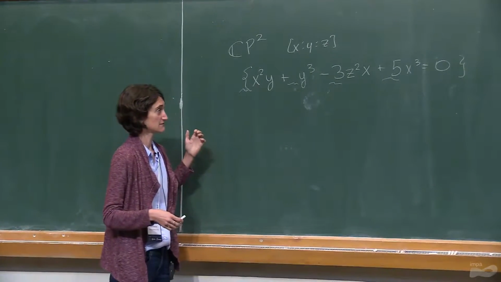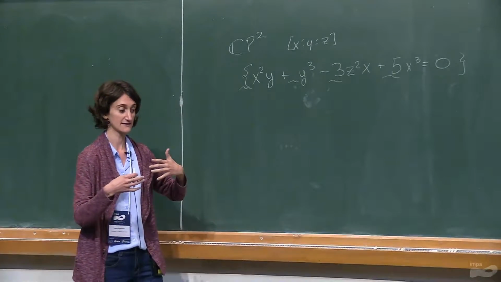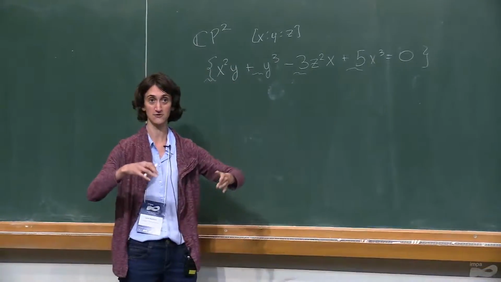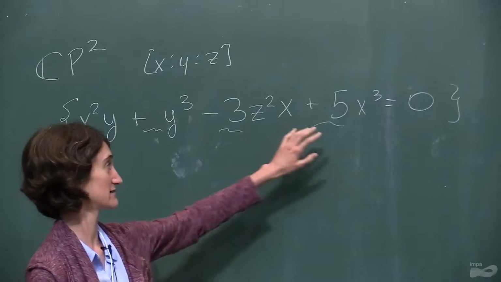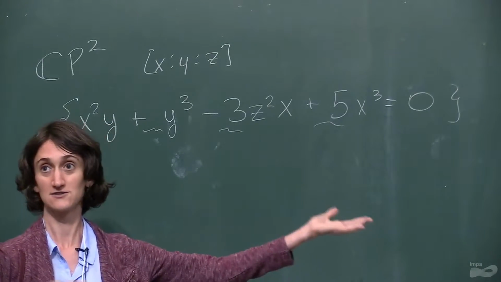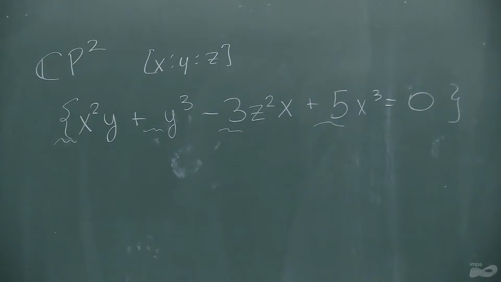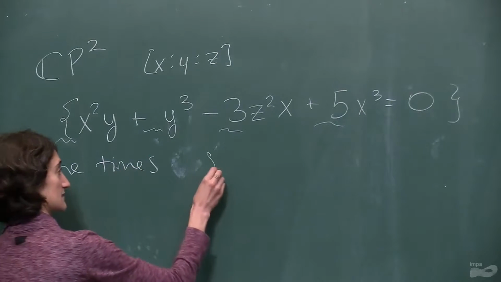If I want to connect one degree 3 polynomial to another, I can connect them through degree 3 polynomials by just changing the coefficients from these ones, 1, 1, minus 3, 5, and a bunch of zeros, to whatever coefficients I want. Now, if I pick certain particular coefficients, then the curve described by this polynomial can have singularities. So sometimes this is singular.